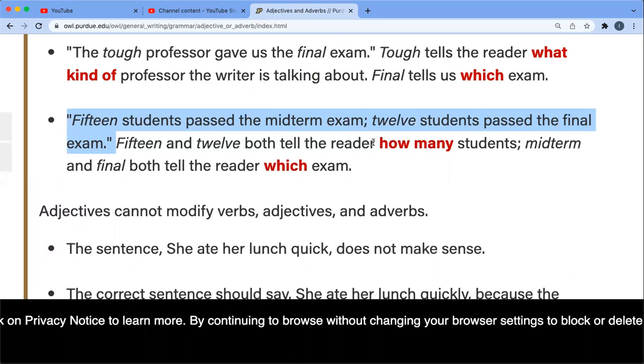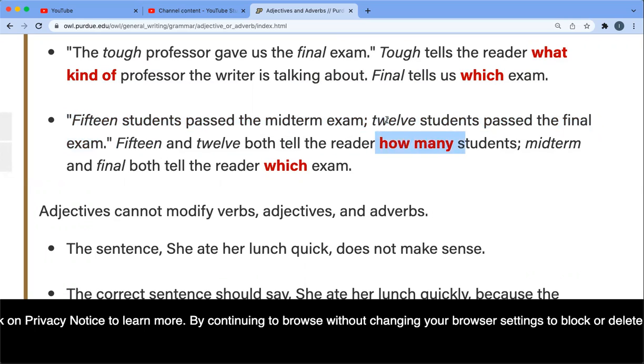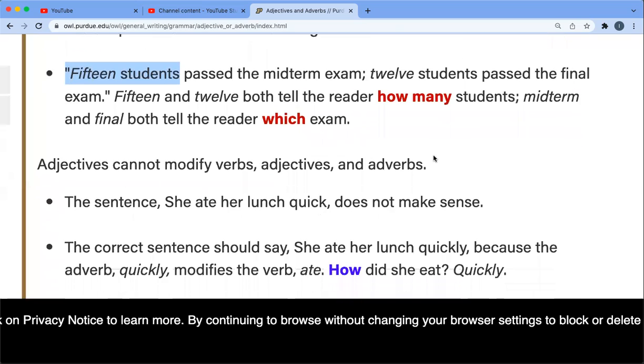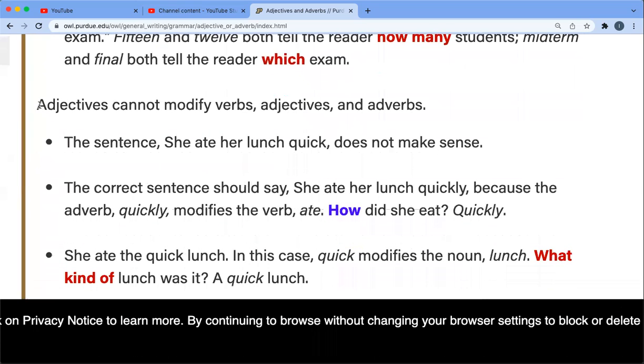If you ask, for example, how many students passed the final, you simply say 12. 12 is an adjective which appears before the noun students, very much the same as 15 is an adjective that is appearing before the noun students to intensify the meaning.